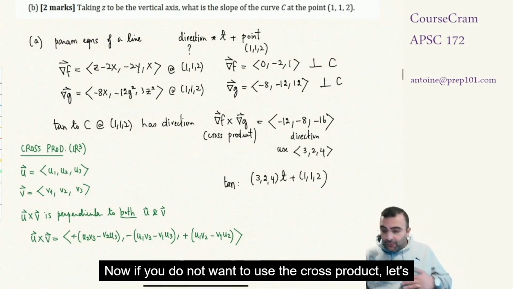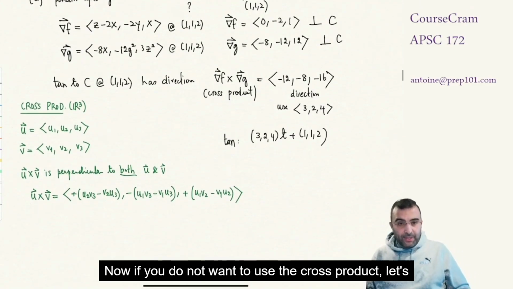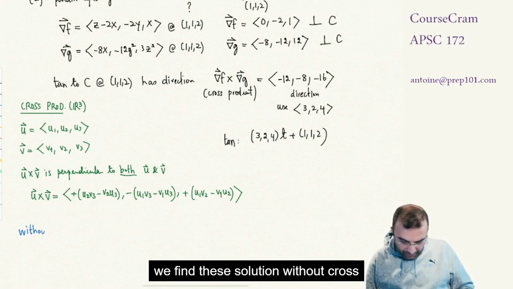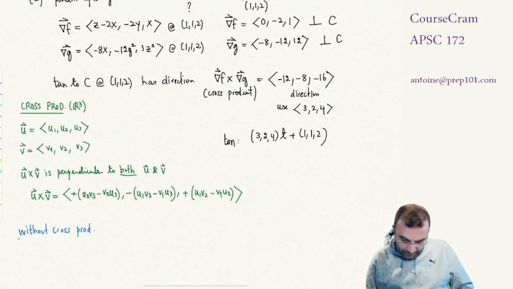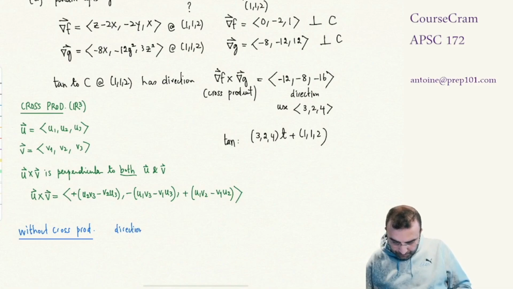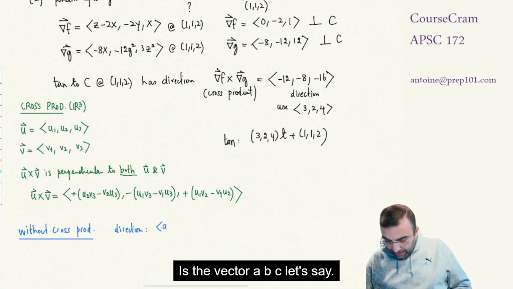2. Now, if you do not want to use the cross product, how do we find the solution without it? It's a little bit longer, but that's fine. You can say that the direction is the vector ABC, let's say.